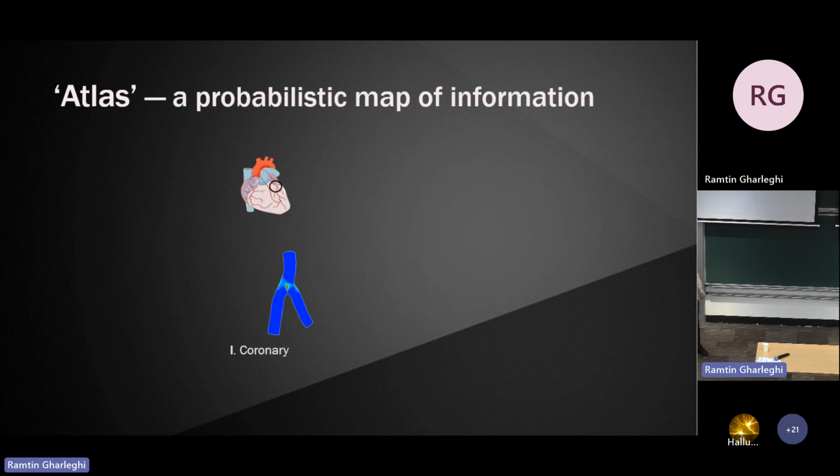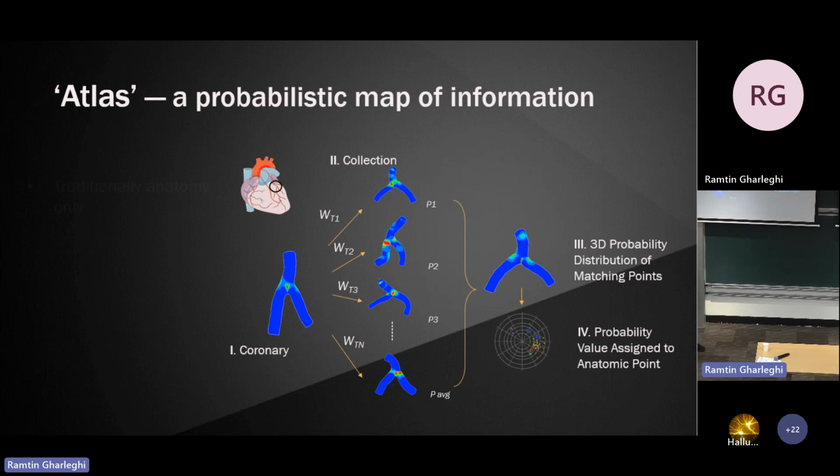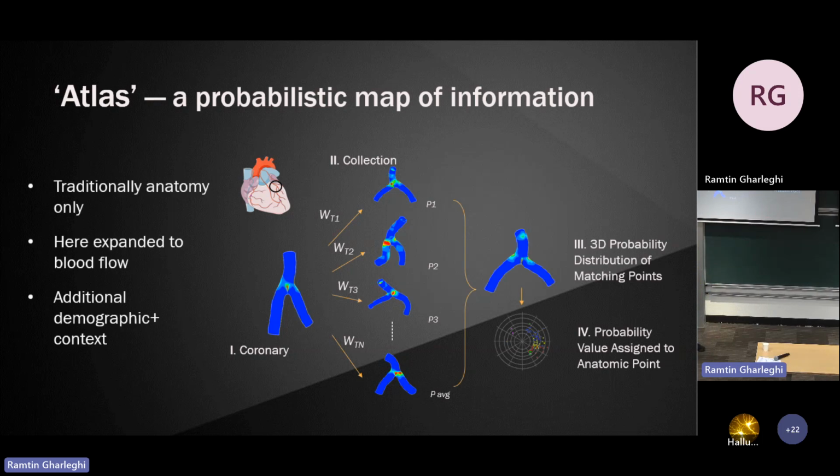For example, if you have the heart and the arteries around the heart, which we are really interested in, the coronaries, or the very first branch of the coronary, which usually gets most diseased and causes heart attacks, then we can look at those across many different patients and how they vary, get weighted averages, and we get a three-dimensional probabilistic distribution of matching points. So there's a value assigned to each anatomic point in the mapping.